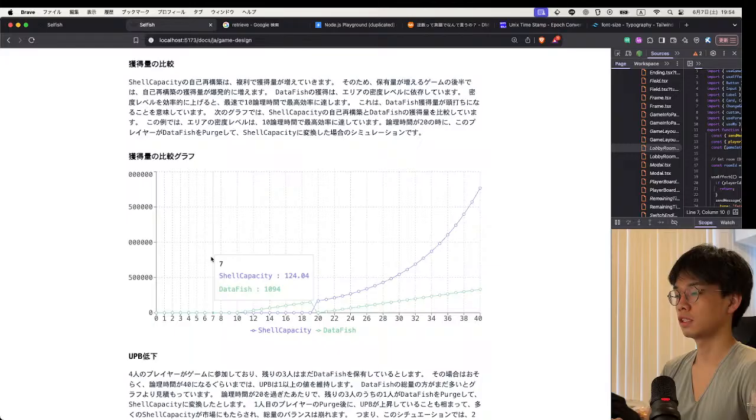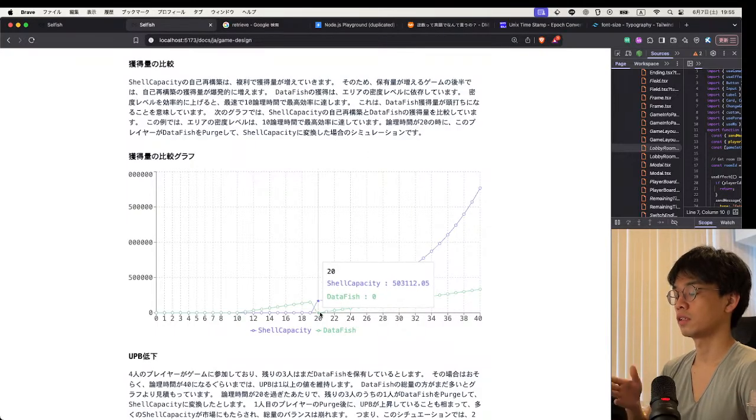In this example, at 10 logical time the density level reaches the max, and at 20 logical time the player parses data fish to shell capacity. So the data fish goes down to 0, and the data fish is converted to shell capacity like this.